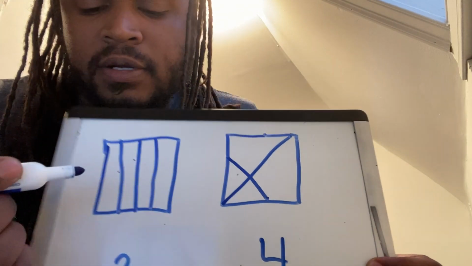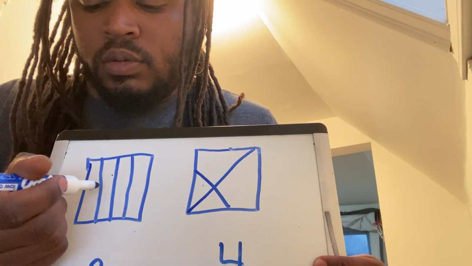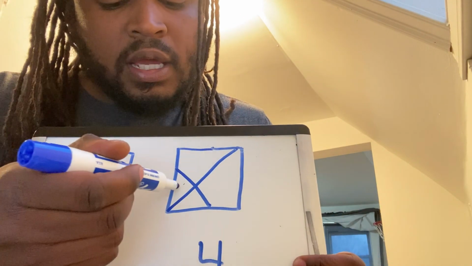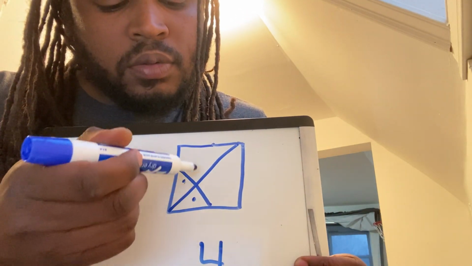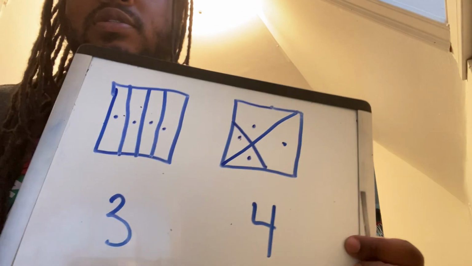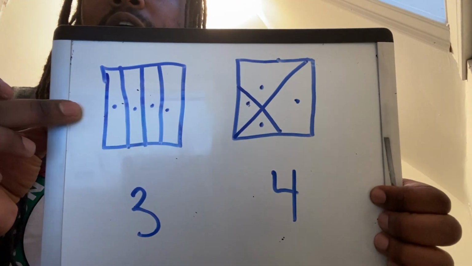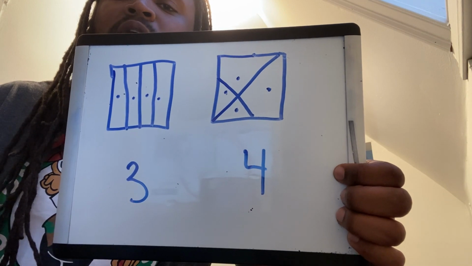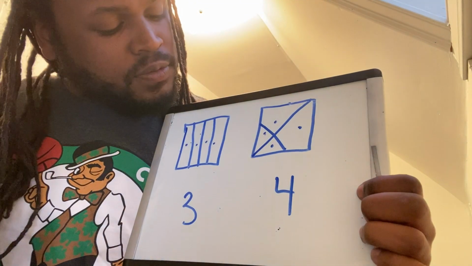So let's count the parts. I have 1, 2, 3, 4 parts here. Then I have 1, 2, 3, 4 parts there. So square 3 and square 4. Okay, so we counted 4 parts in both squares.